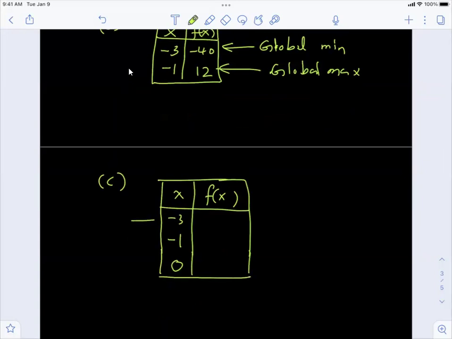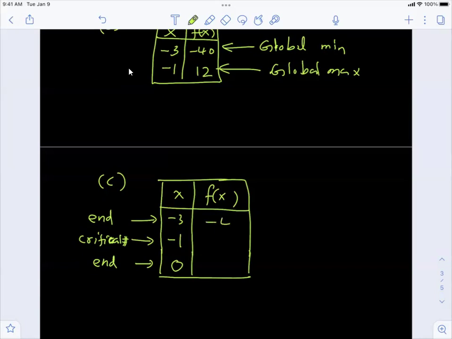If you consider these two, these are endpoints. And this one is a critical number. So whenever you consider this interval, you always need to consider the endpoints. You need to include both endpoints, and you need to include all critical numbers that would sit inside that interval.